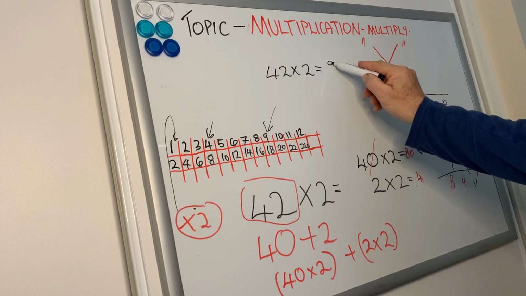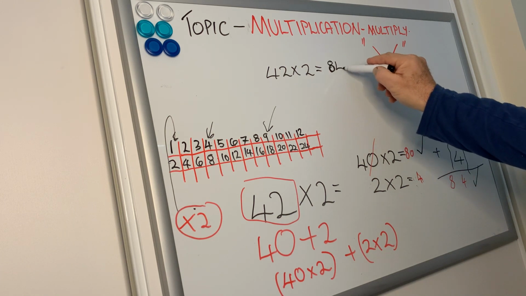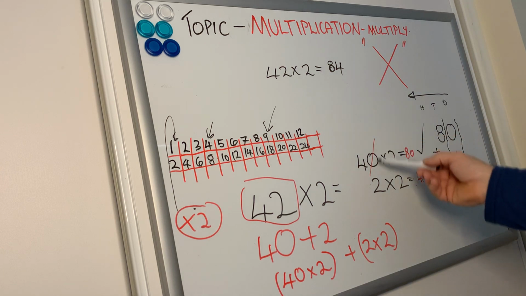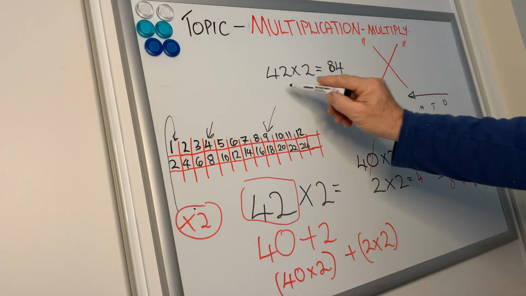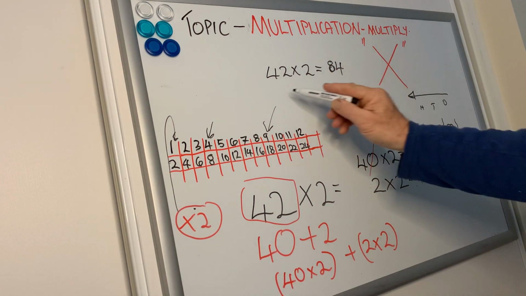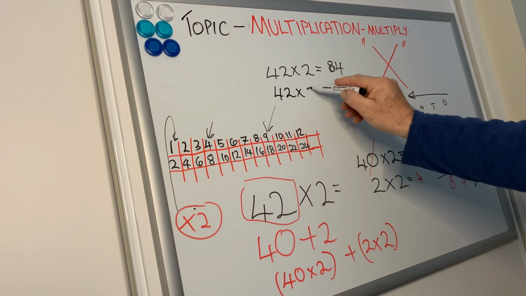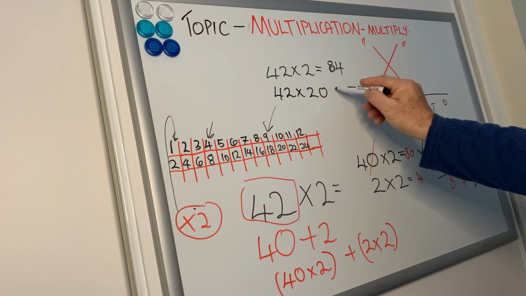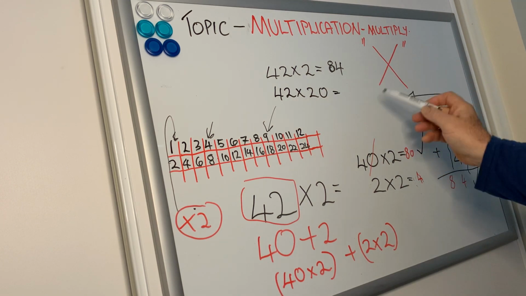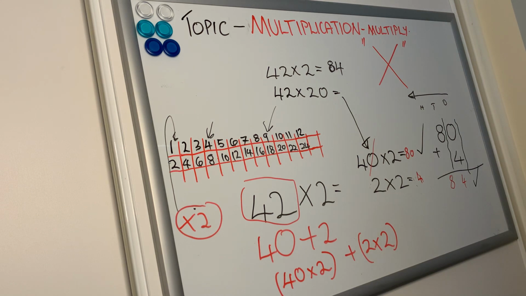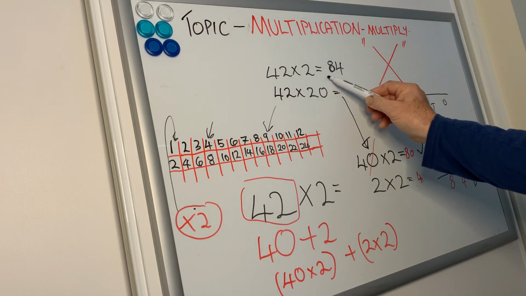Now, what I want to do, Logan, is make it a little bit trickier, like when we add the 0 and how we cross the 0. If I then said 42 times 20, we would actually use the same process here. For example, how we crossed out that 0. Let's forget that 0 is there.